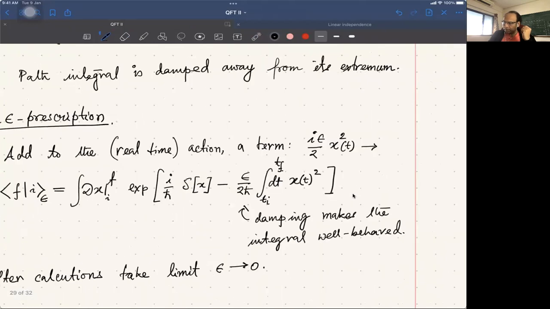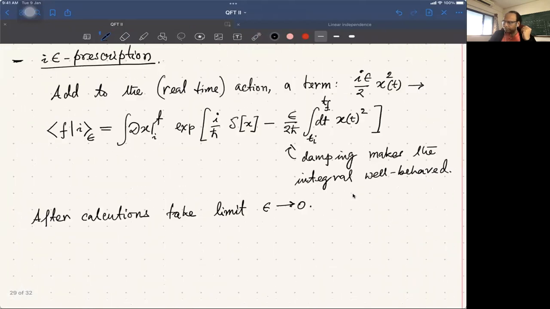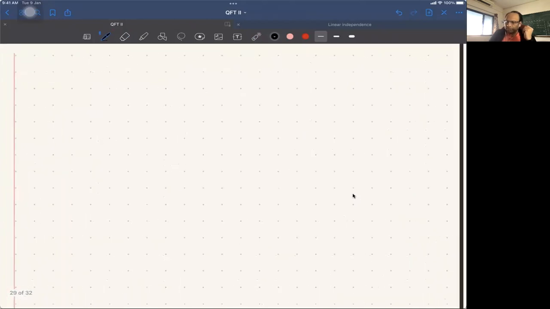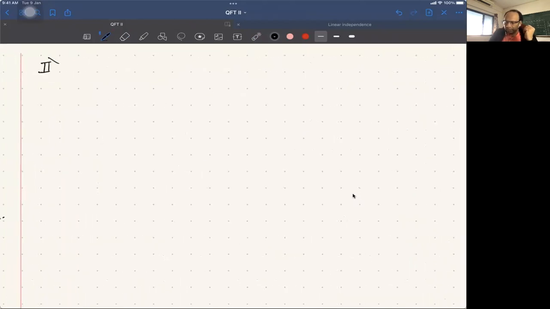Now let me discuss the issue of the measure of the path integral.